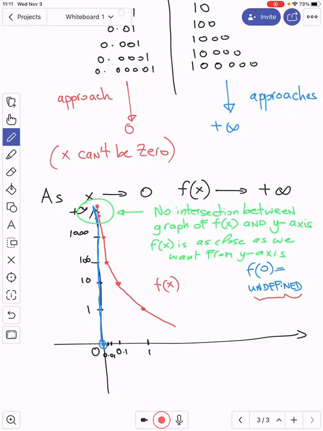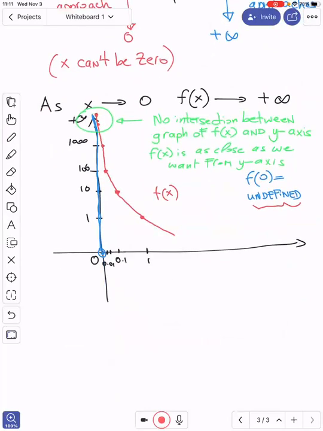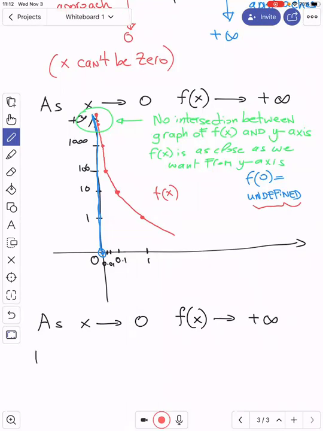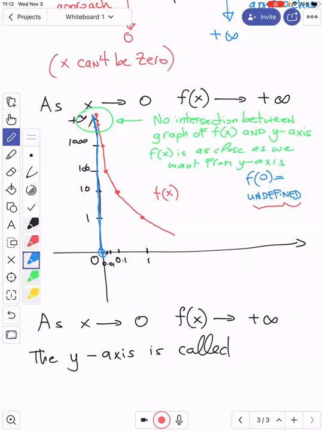Such a line, like this y-axis, is actually called a vertical asymptote. As we said, as the values of x approach 0, the values of f approach positive infinity. So the y-axis is called a vertical asymptote.